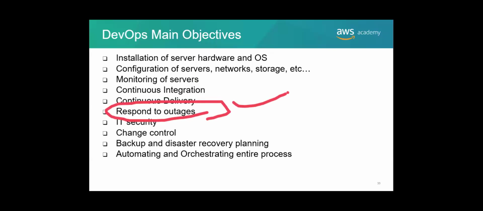Where will you get this word outage? Server is not working. Getting a 404 error, no, that will not become an outage. Outage means server connectivity, maybe a misconnection, connectivity might not be proper. Like a power outage.